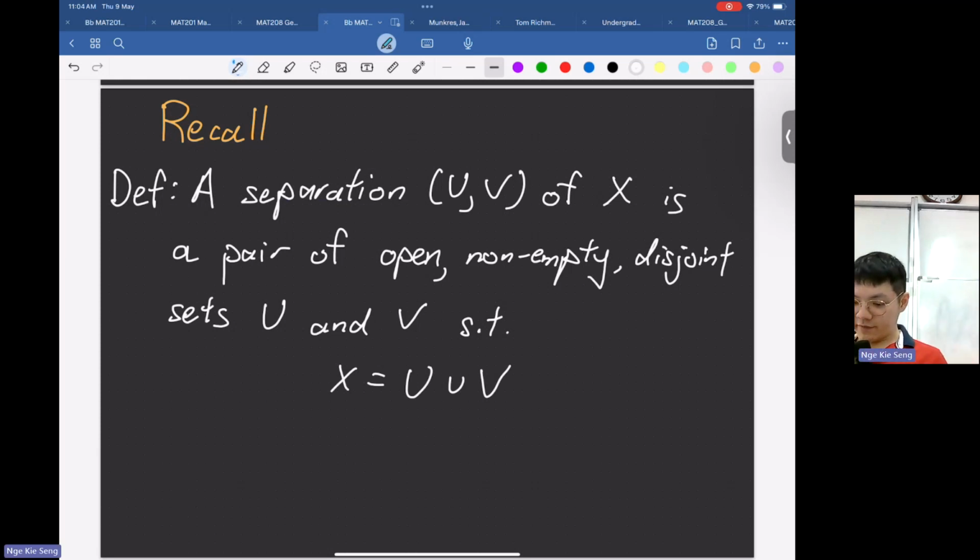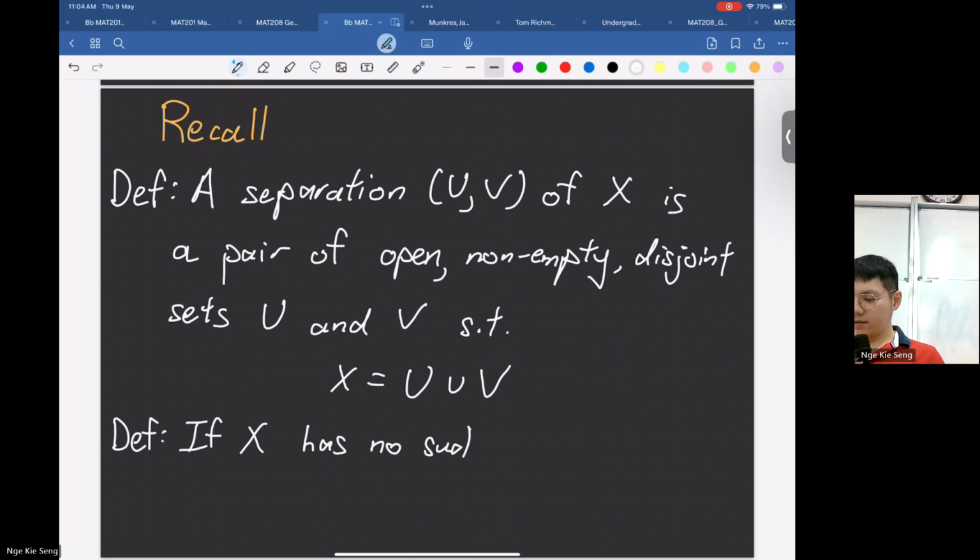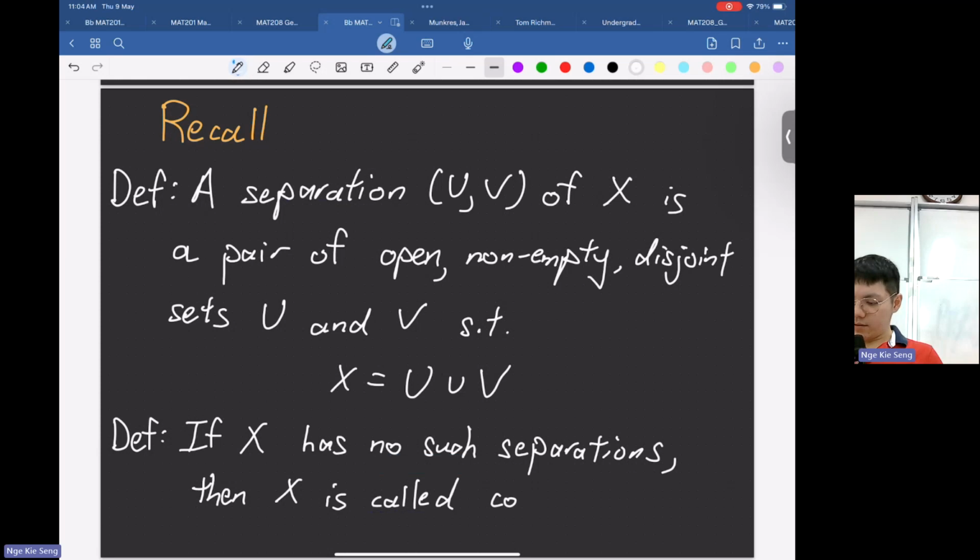And if X has no such separation, then we say that X is called connected. It's called a connected space. Okay.